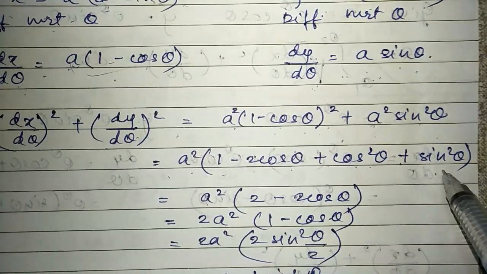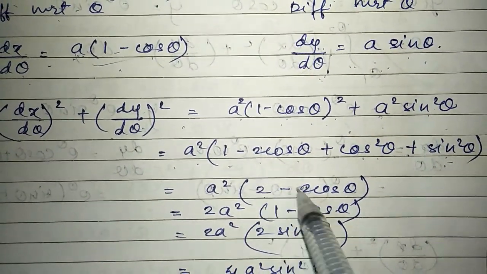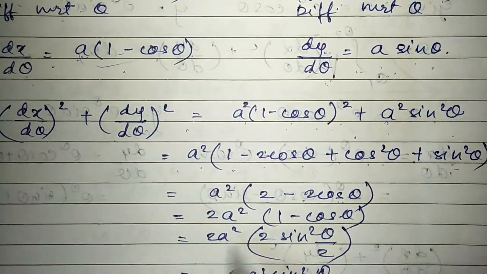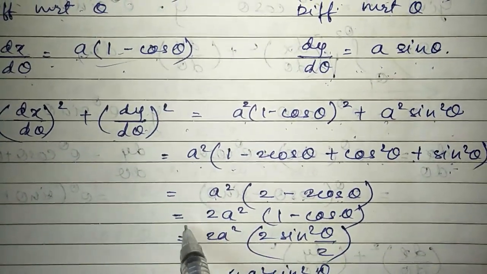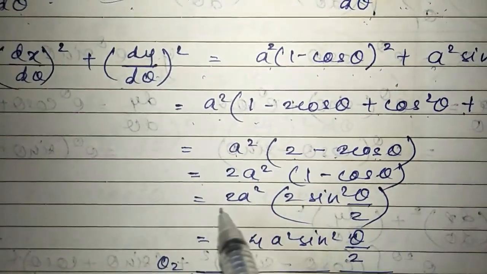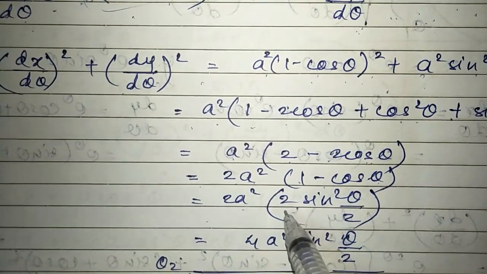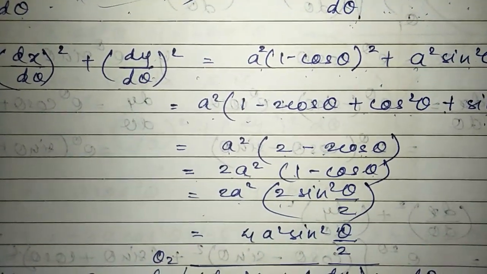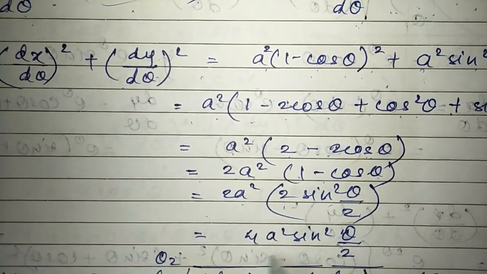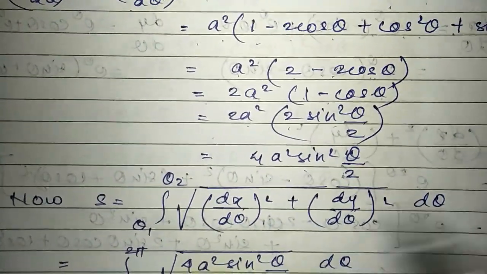This cos square theta plus sine square theta is 1. 1 plus 1 is 2, minus 2 cos theta. We'll take this 2 outside. It is equal to 2a square (1 minus cos theta). For 1 minus cos theta we can write 2 sine square theta by 2. So what we have is 4a square sine square theta by 2.